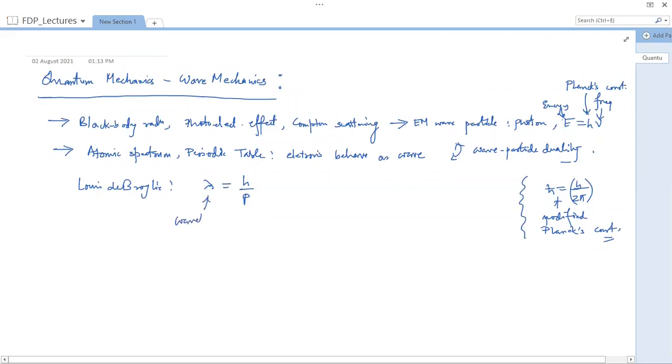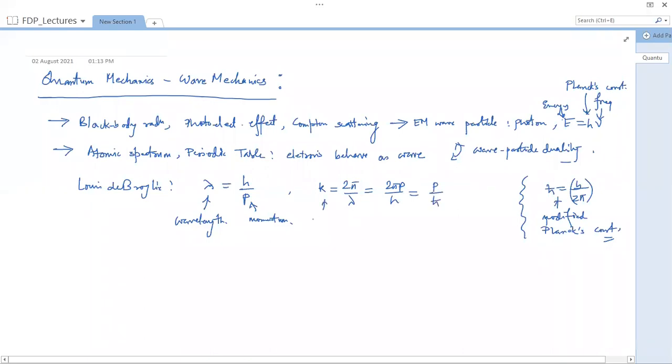This is the wavelength associated with the particle wave, and this is the magnitude of the momentum of the particle. And if we call k the wave number, 2 pi by lambda, then we get 2 pi p by h, which is p by h bar.